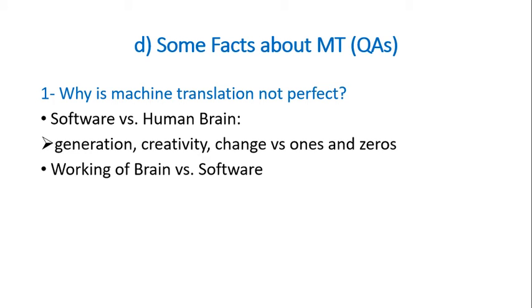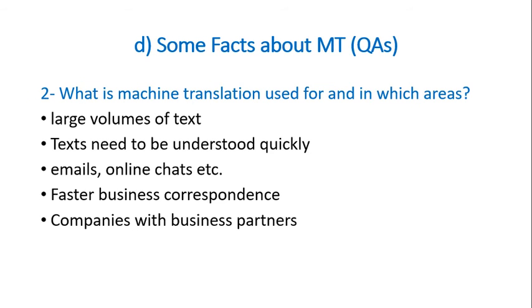The second question is, what is machine translation used for, and in which areas? It's a little bit of a practical question. We can have these answers coming from the experts.